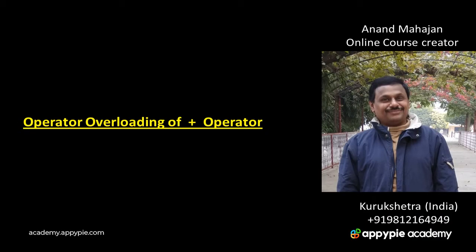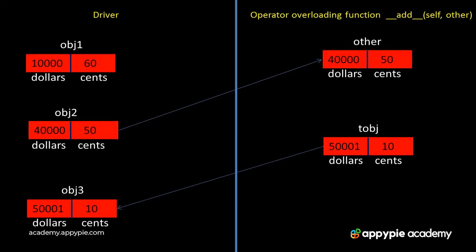We would be overloading the plus operator. In the driver, that is in the main part of the program, I will have three objects, namely obj1, obj2 and obj3. The attributes are dollars and cents. In the first object, dollars and cents are 10,000 and 60 respectively.